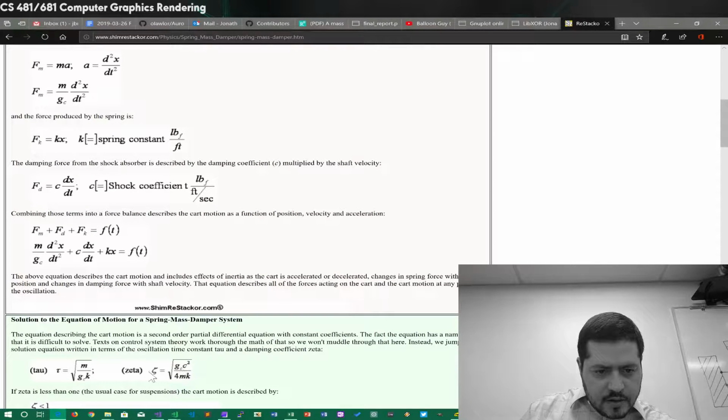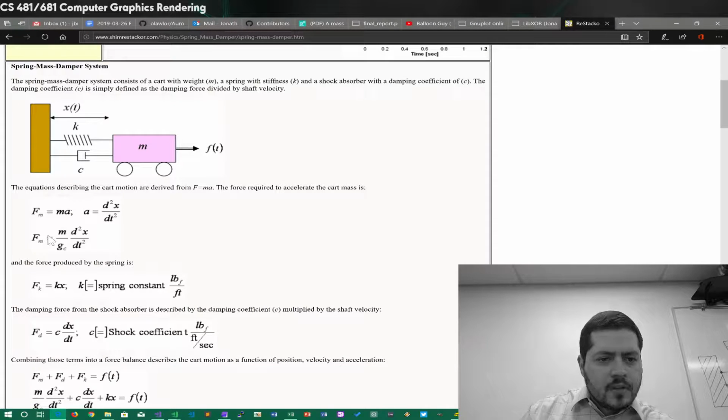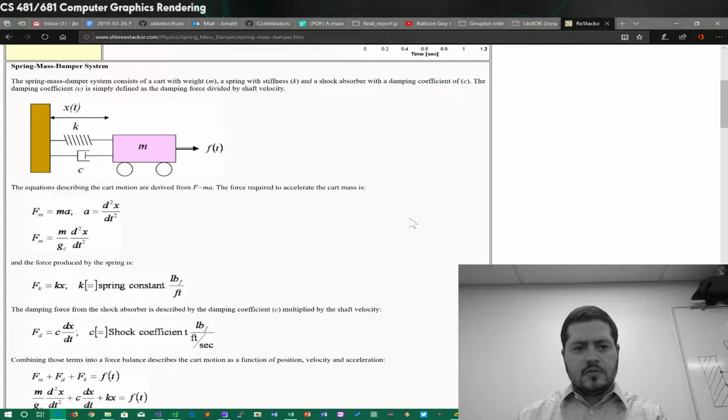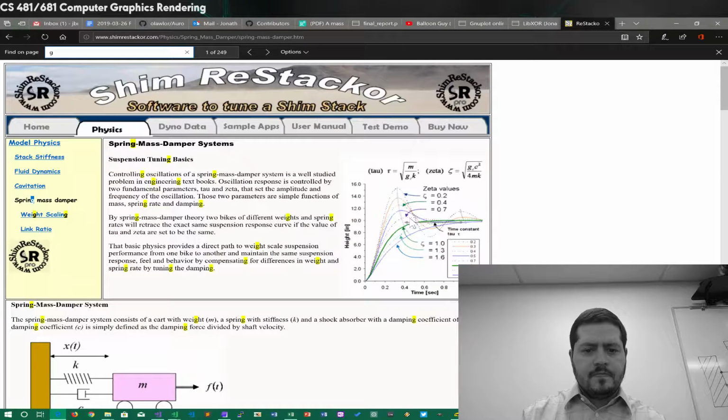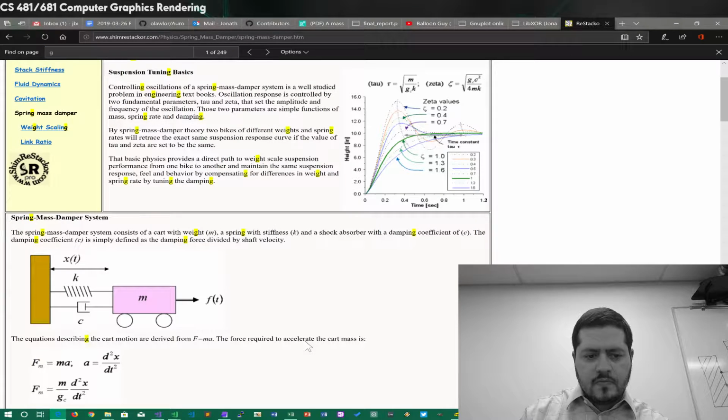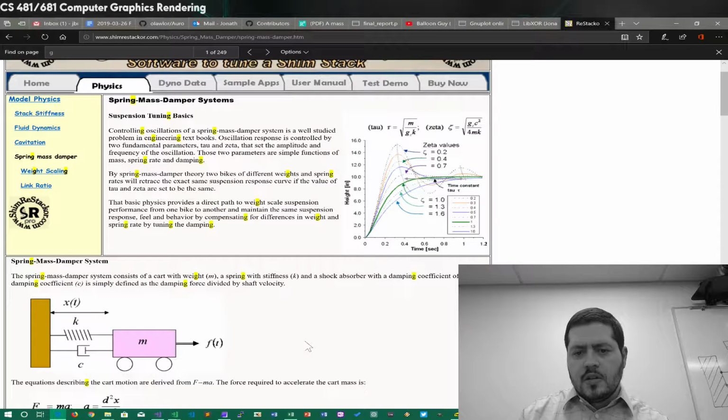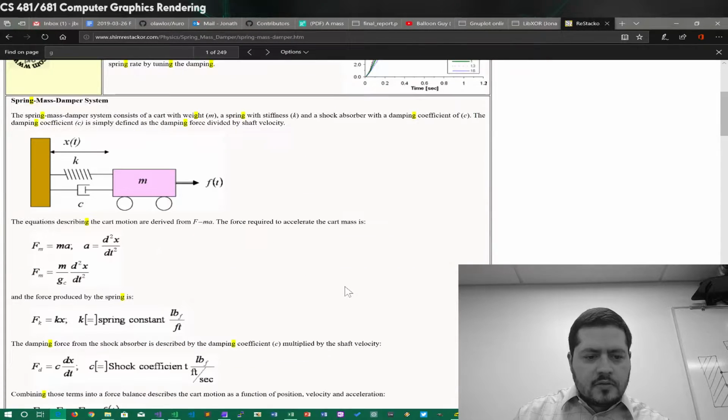So the zeta and this G is supposed to be, trying to look at these, oh, I know we can figure that out.